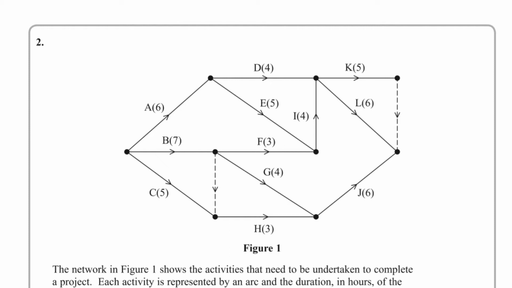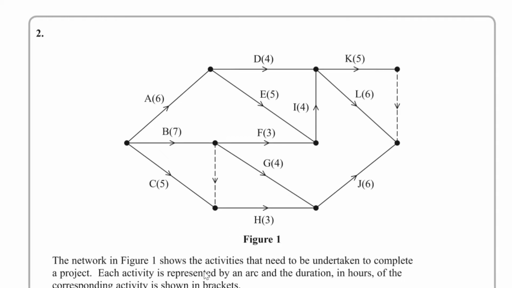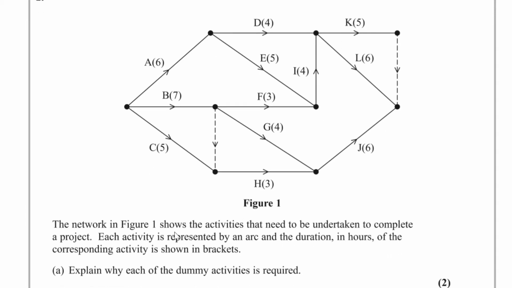Question number 2. The network in figure 1 shows the activities that need to be undertaken to complete a project. Each activity is represented by an arc, and the duration in hours of the corresponding activity is shown in brackets. For part A, we have to explain why each of the dummy activities is required.